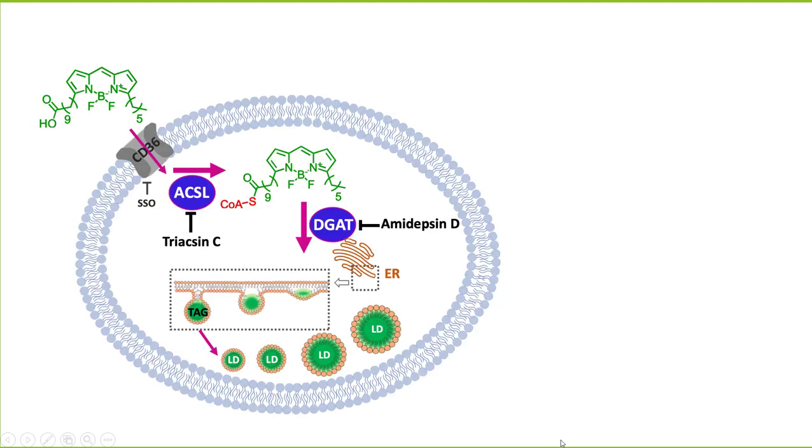We tried to make a model for the biochemical pathway. Maybe the first player is CD36, which can be a transporter for this fatty acid. Then ACSL adds coenzyme A, and DGAT converts this into the final triacylglycerol. So this is the pathway, and then we tried to confirm whether this is the case or not.